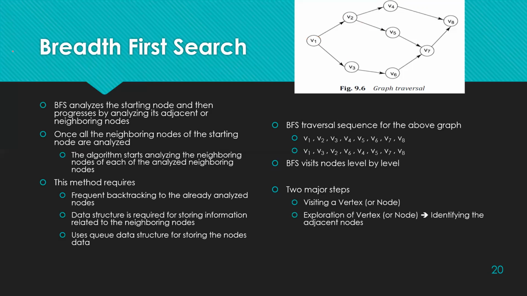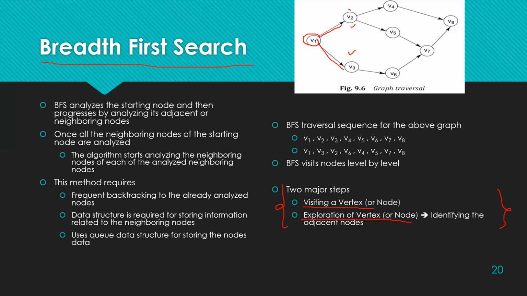Whenever you are doing BFS or DFS, these two major steps you need to remember. First, you need to visit a vertex. Here I visited a vertex V1. Then I need to explore that vertex. In BFS, you are exploring who the neighbors are. For V1, the neighbors are V2 and V3.